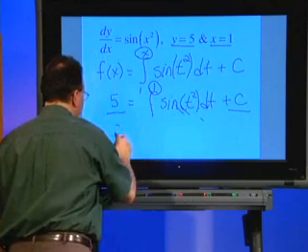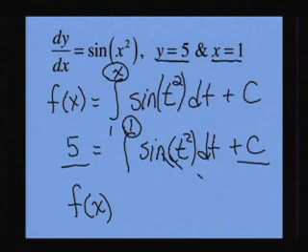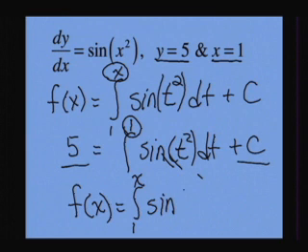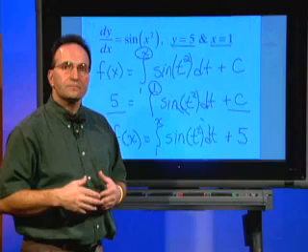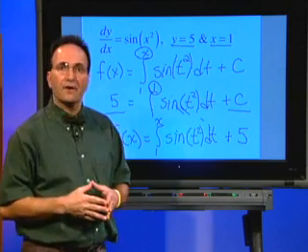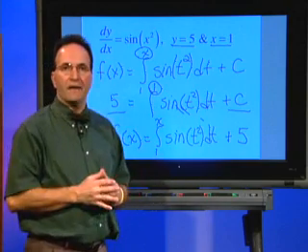We get f of x is equal to the integral from 1 to x of sine t squared dt plus 5. And that's our particular solution to that particular problem, but we had to use the fundamental theorem of calculus to help us do that.